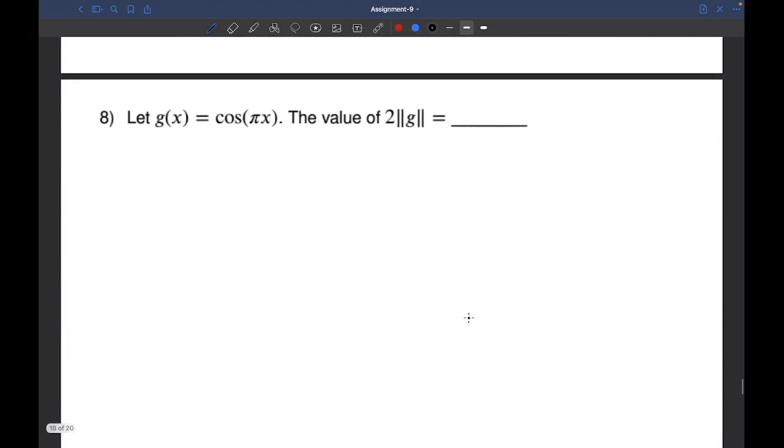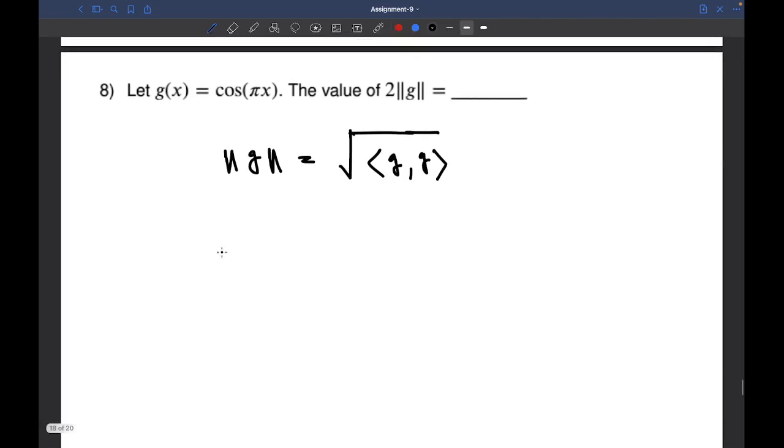Then what is question number 8? g(x) is given as cos pi x. You have to find the 2 norm of g. So what is norm g? Norm g is defined as the square root of the inner product of g with g, right? So first let's find the inner product of g with g.